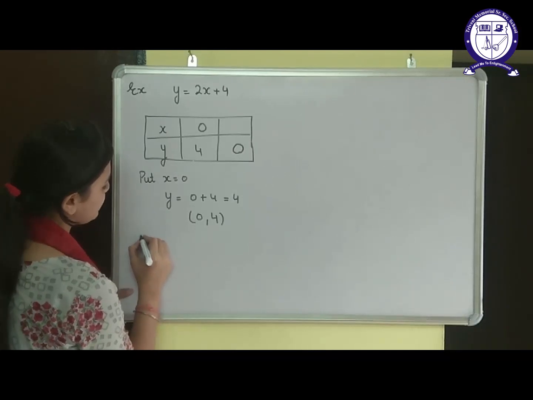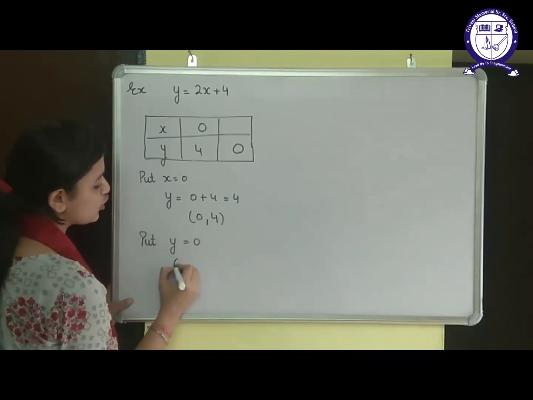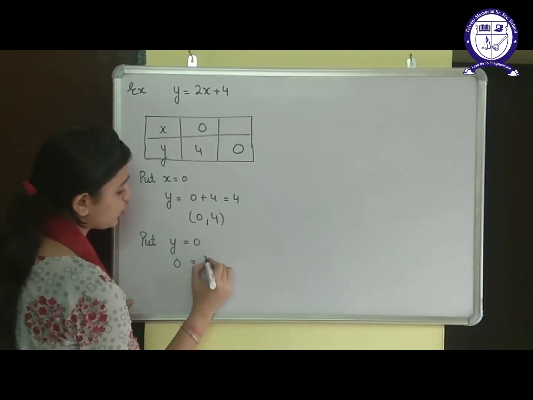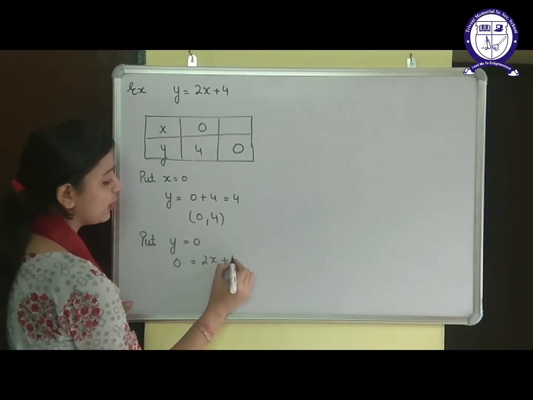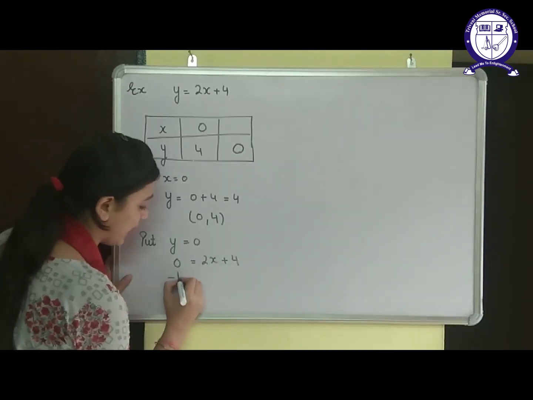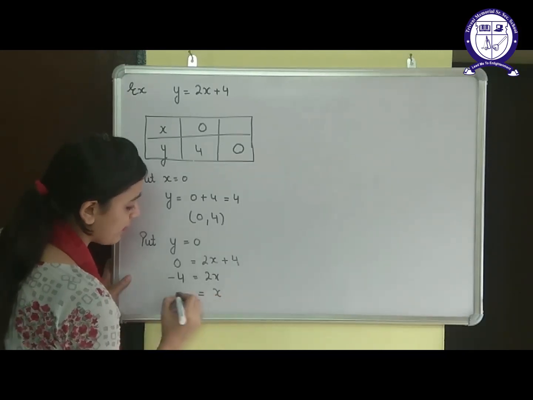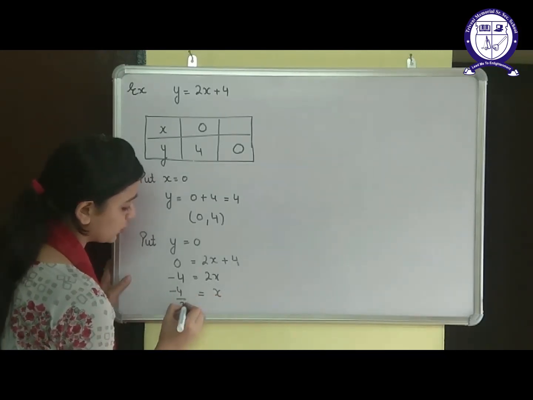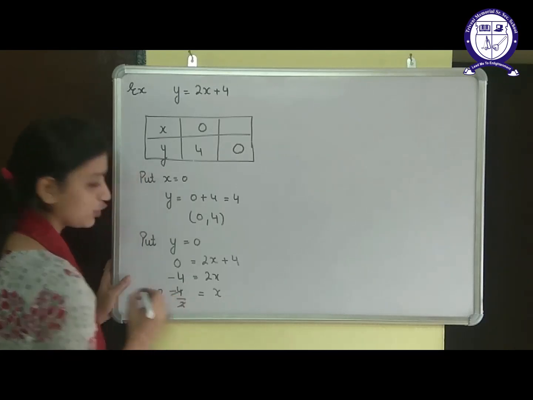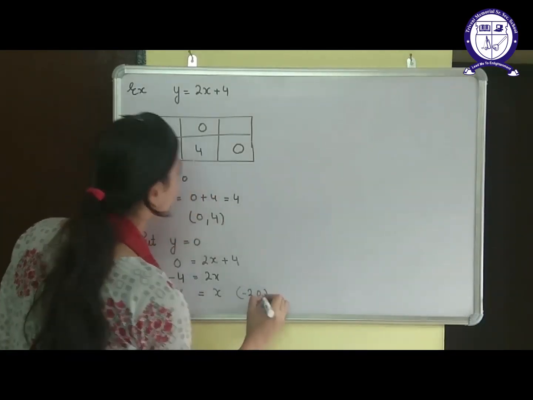Now second, put y equals to 0. So 0 equals to 2x plus 4. Now 4 will come on this side, it will be minus 4, and then x will be minus 4 upon 2, that is minus 2. So my second point will be minus 2 comma 0.